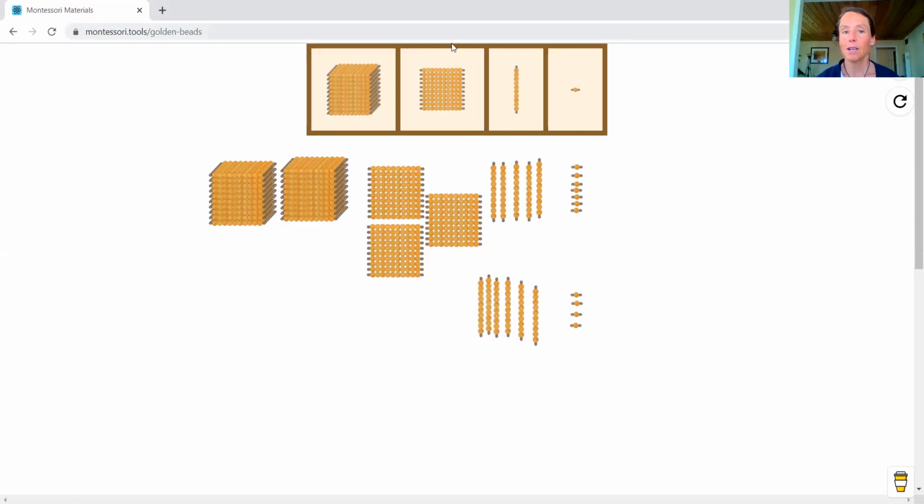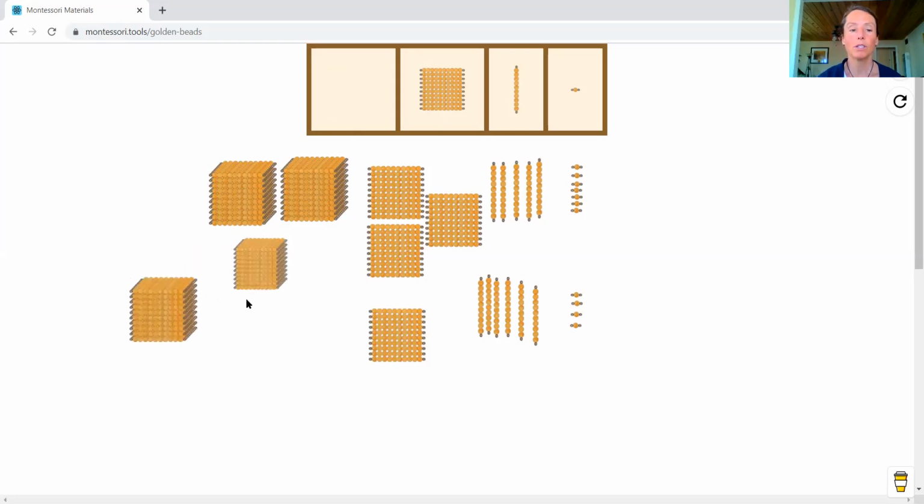All right, and in my hundreds, I had just 1 there, my bottom number. And in my thousands, I had 3. Of course, you can do any numbers that you want.